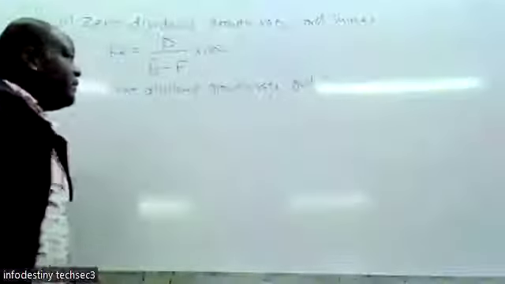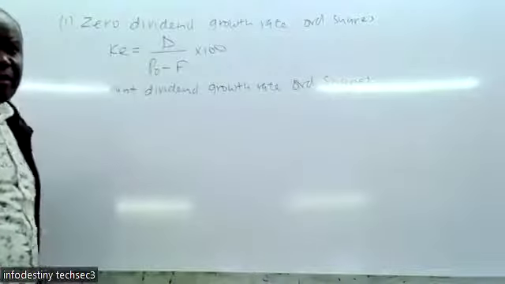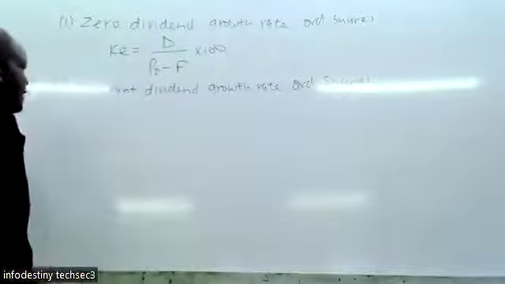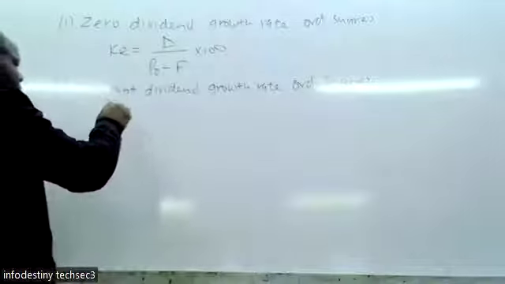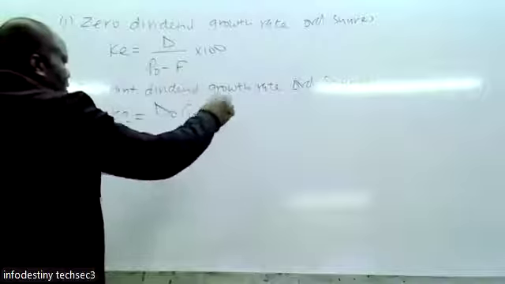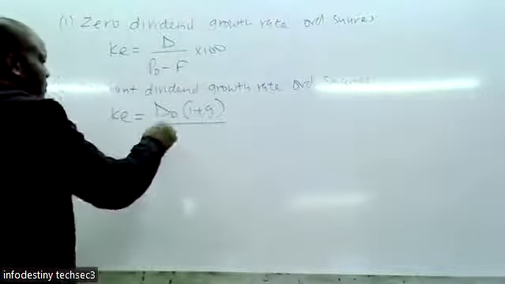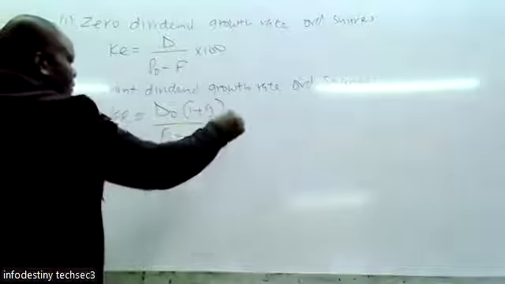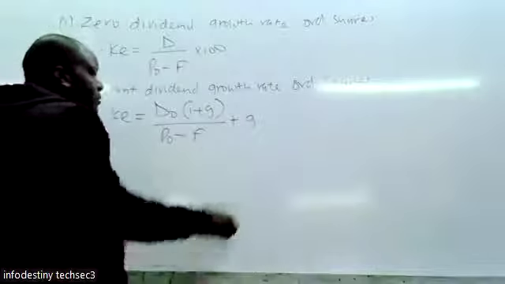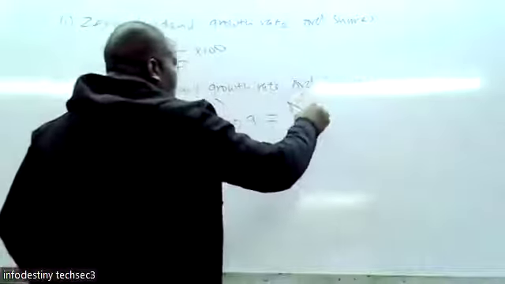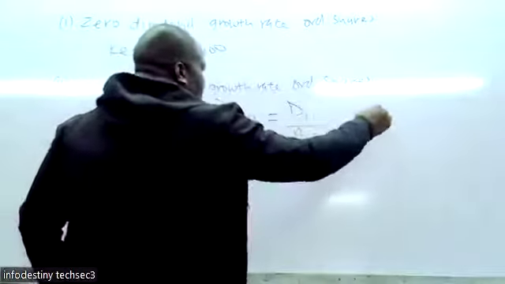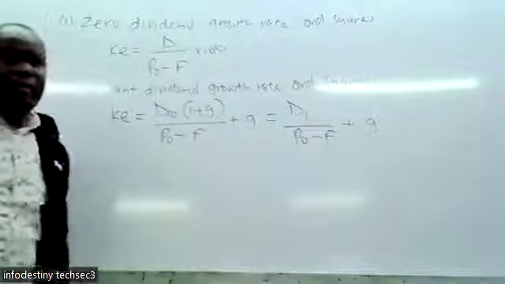For that, KE will be given by D0 (1 plus G) divided by PO minus the flotation cost. Then you add G, which will be the same as D1 divided by PO minus F, then we add G.